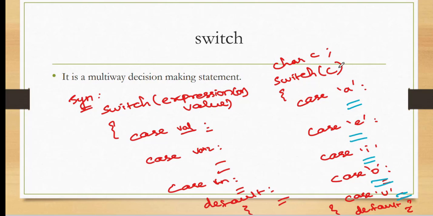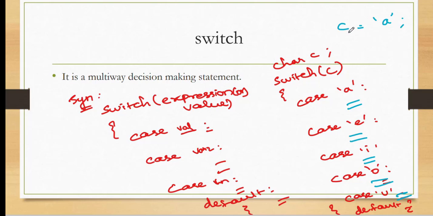The switch statement is a multi-way decision making statement. If I enter the character A for C, then it will come to the switch expression. The explanation for switch is: if any one of the expressions matches a label, that particular case will be executed.